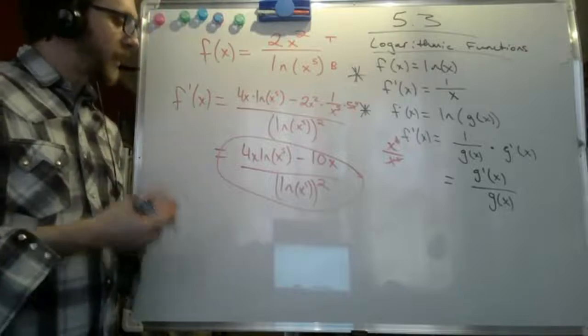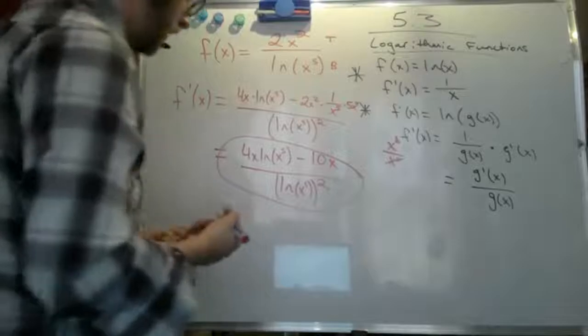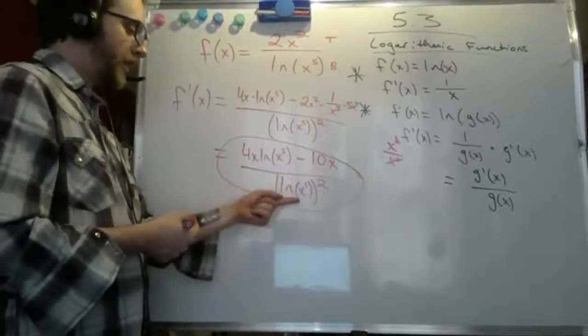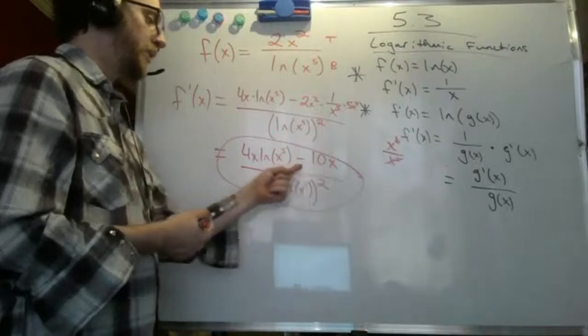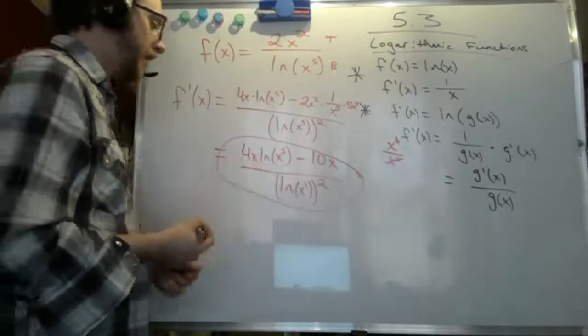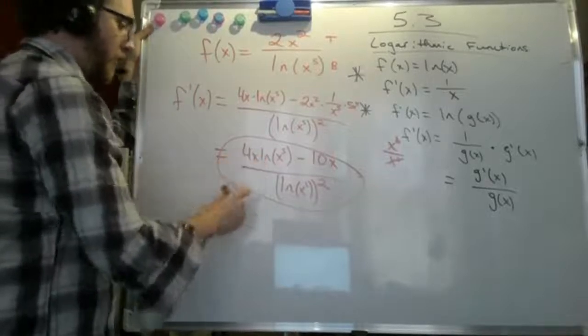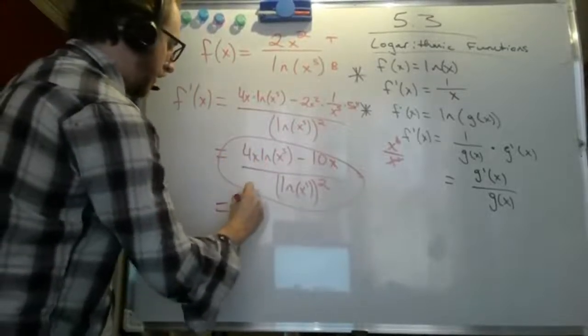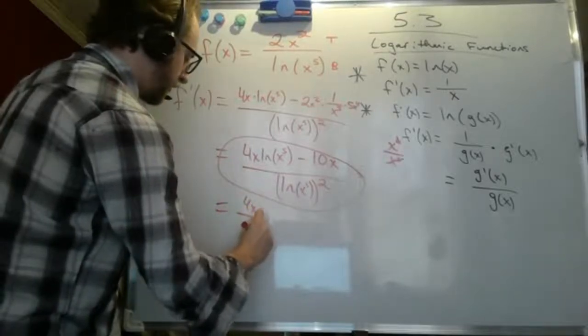Well, with that being said, I suppose if you really wanted to, and I don't think it would make too much of a difference, you could take this denominator and divide it into both terms of the numerator separated by this negative. And if you were to do that, you would cancel one of these natural logs in the top, and we would have 4x divided by the natural log of x to the fifth.